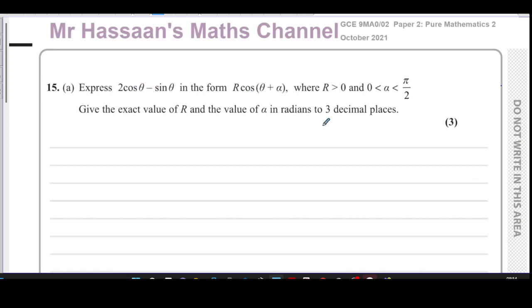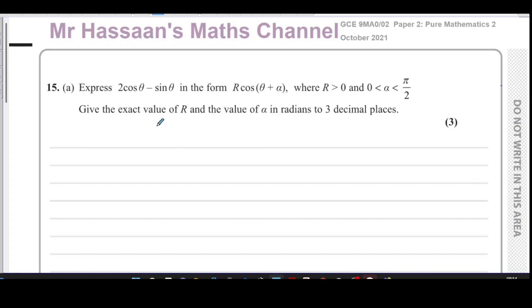And also, if you want to find, for example, the maximum or minimum value of this expression, expressing in this form is easy for you to do that just by looking at the numbers here. So that's a couple of reasons why you would want to express this in this form. And we'll see in part B and C how we're going to apply those uses of expressing it in this form.